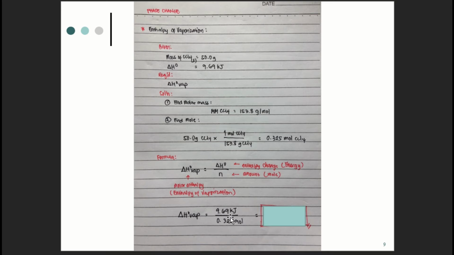So, it's 9.69 kilojoules divided by 0.325 mole. And the answer is 29.8 kilojoules per mole. So that is the enthalpy of vaporization for our sample problem number 1.